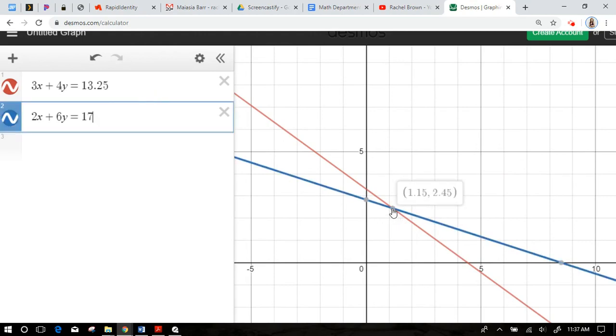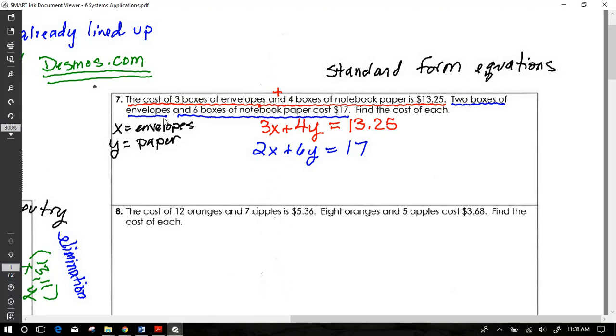So now let's go back to our paper and write down our solution. We just have to remember these two numbers. So the x value is 1.15. So that's why it was important for me to identify that x equals envelopes. Envelopes are $1.15 per box.